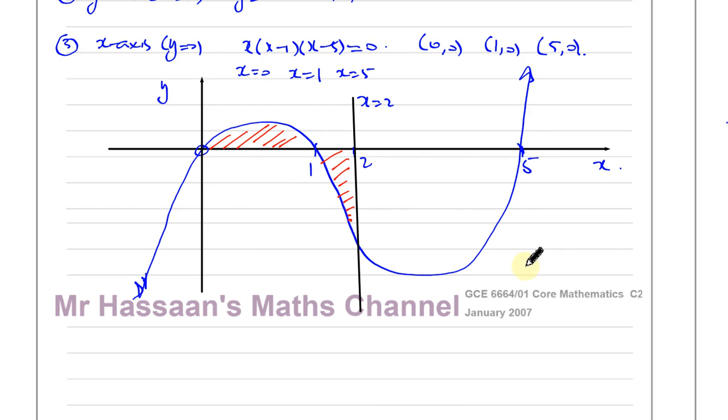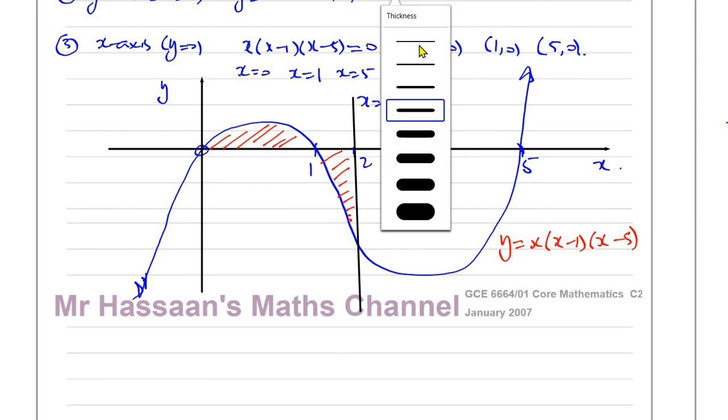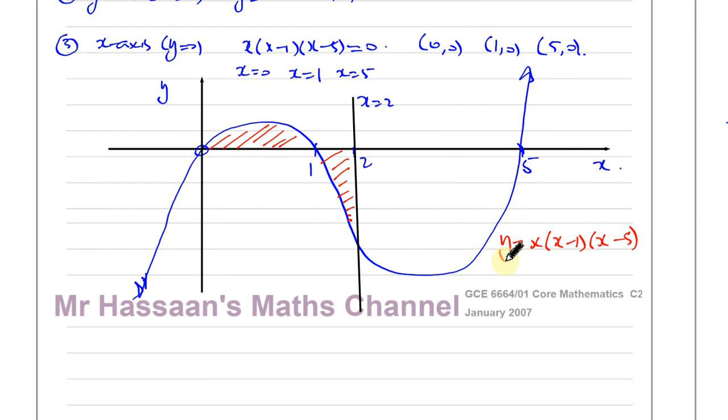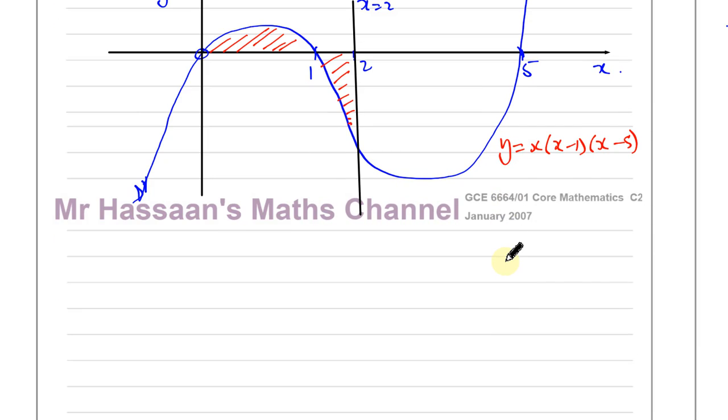The equation of our curve is y equals x times (x minus 1) times (x minus 5). Now we need to find this area. Normally when you find an area under a curve, you integrate the expression with respect to x and put in the limits. In this case, we would put 0 and 2.